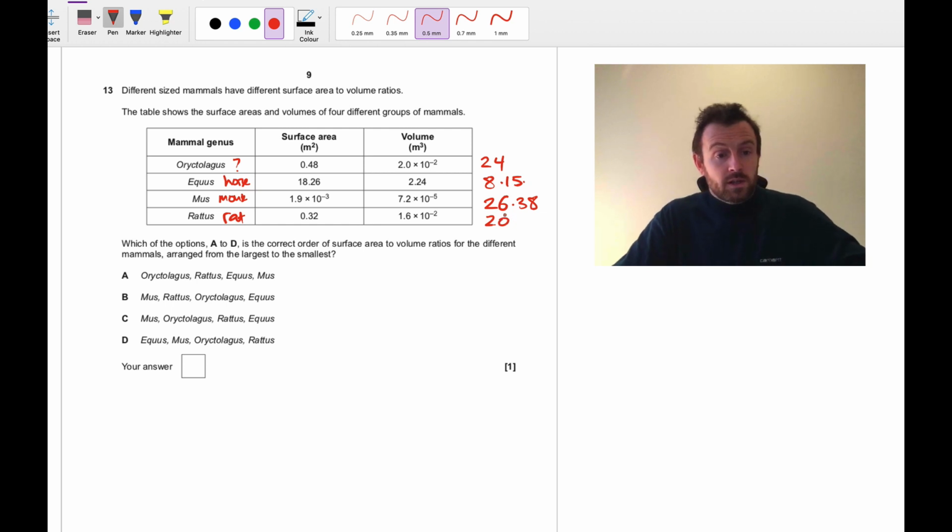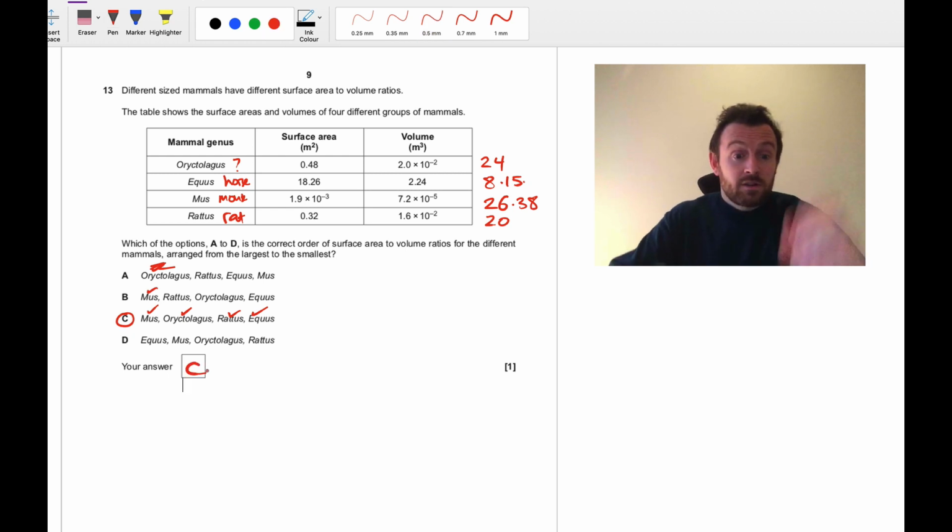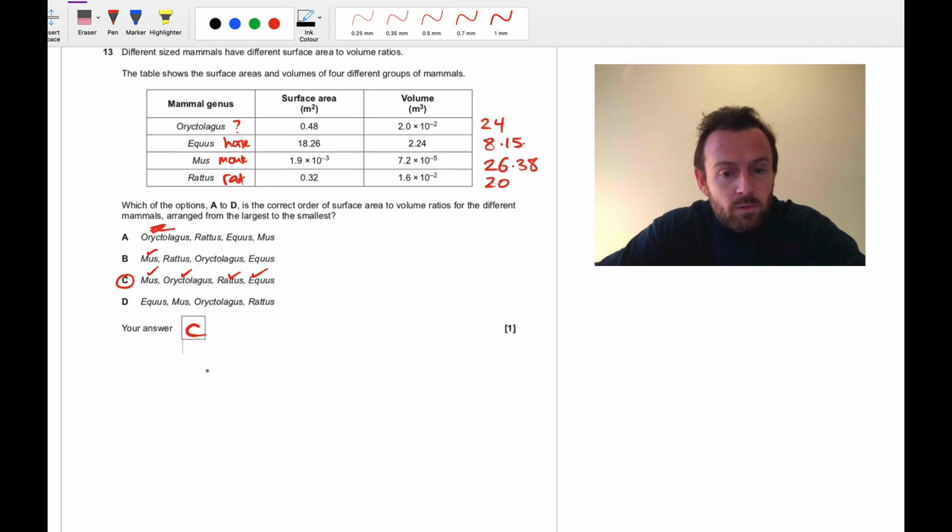Gosh, so we should hopefully get this right. From largest to smallest. Sorry, mouse is biggest. Then it's the autolagus, and then it's the rat, and then it's the horse. So it's C. Checking the mark scheme. Yes, I got it right. God, that was quite a lot of work for 1 mark.